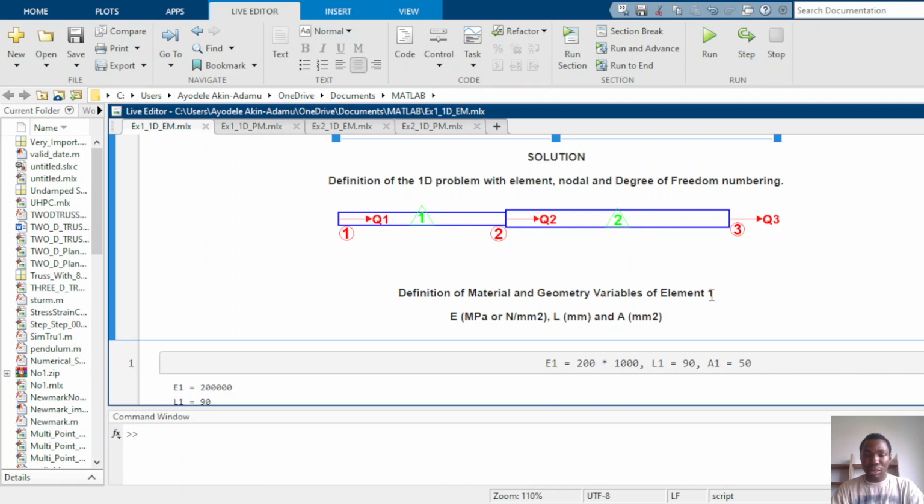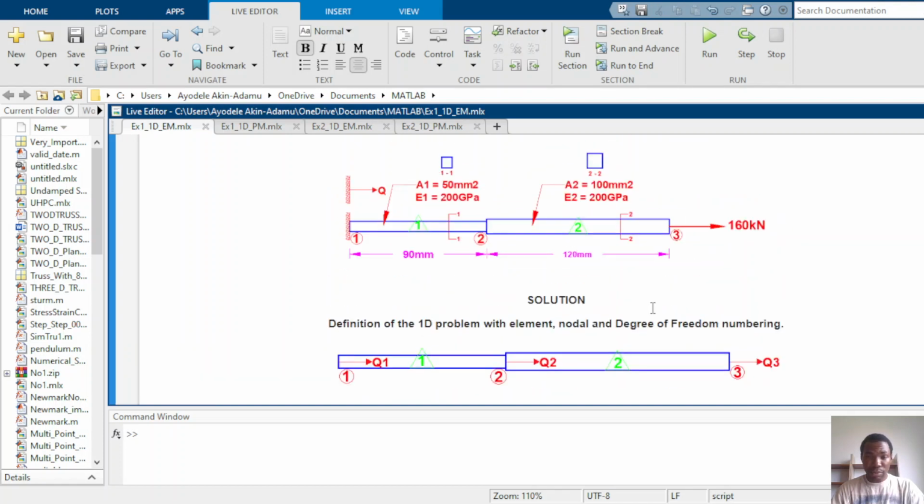For the first element, we need to define the Young modulus, the cross-sectional area, and the length of the element. The unit I'm using for force is Newton. The unit for length is mm, and the unit for area is millimeter square.